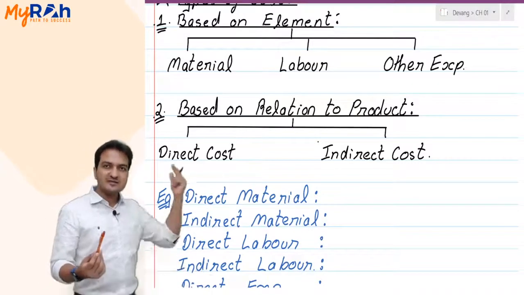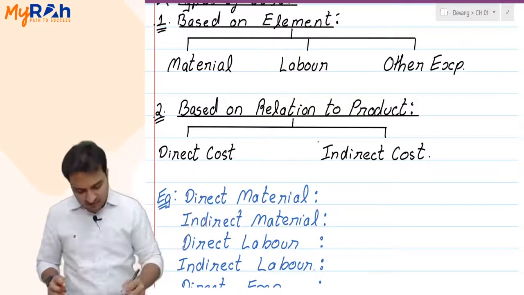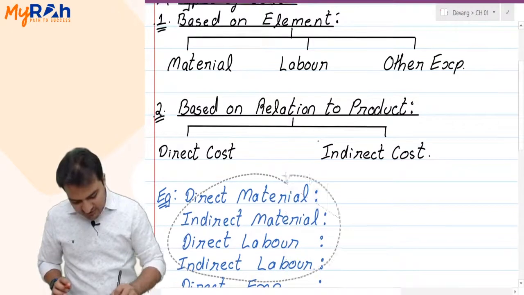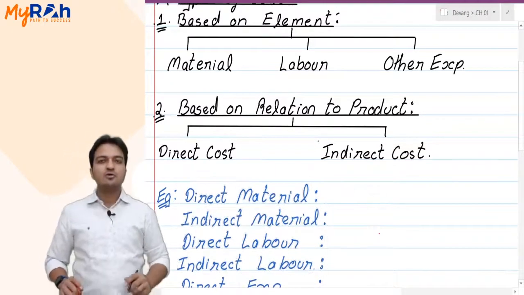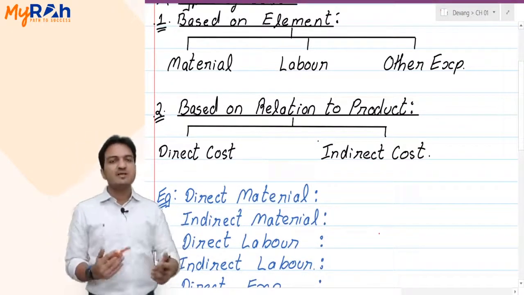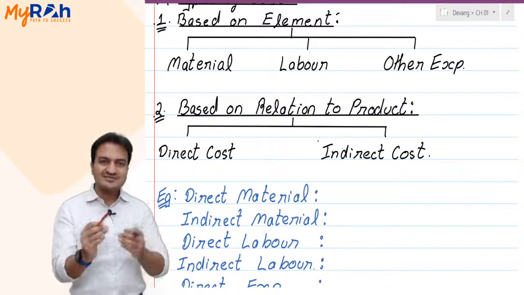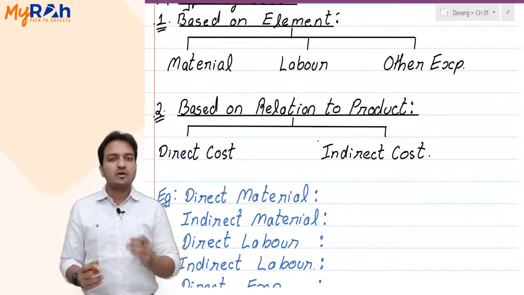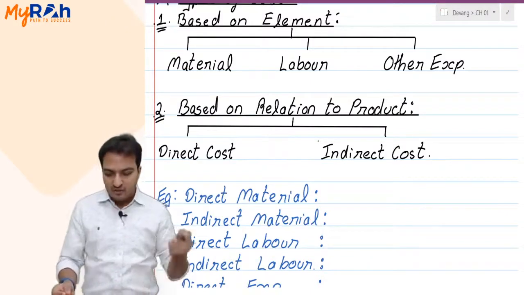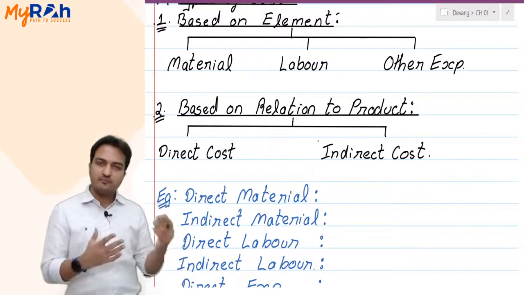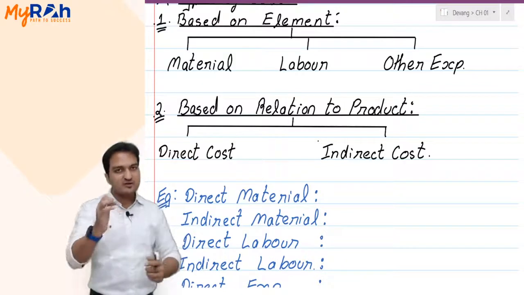Look, all these classifications I will explain based on examples, because based on these examples you will be able to understand the nature of cost in a better way. And once you understand the nature of cost, then you can understand the treatment of the cost. So first, to understand the nature of basic cost items, I'll give you some examples.